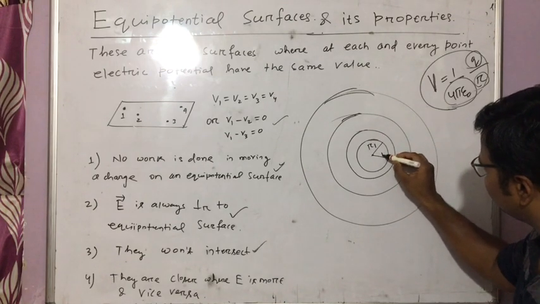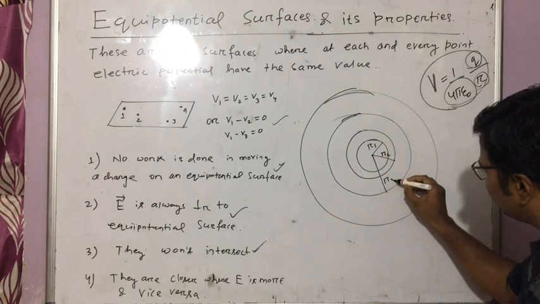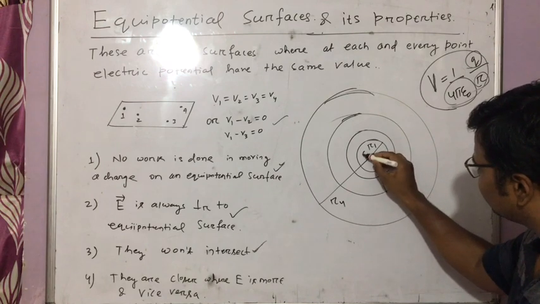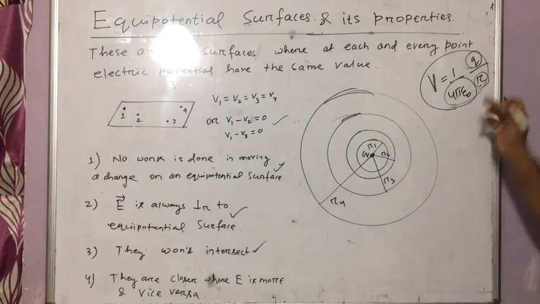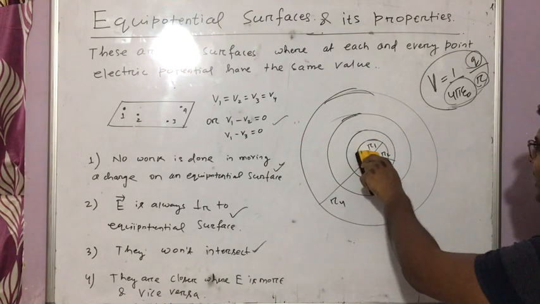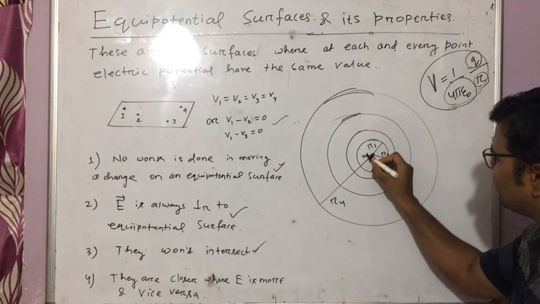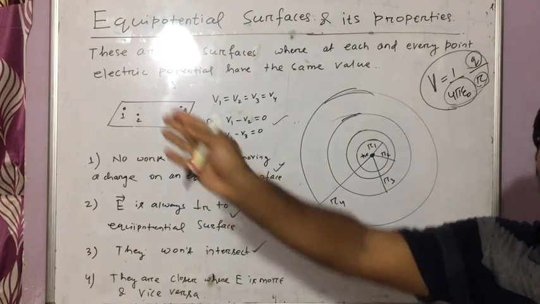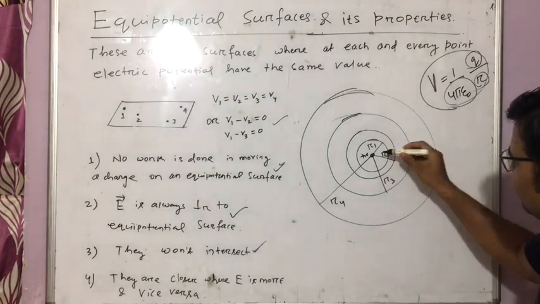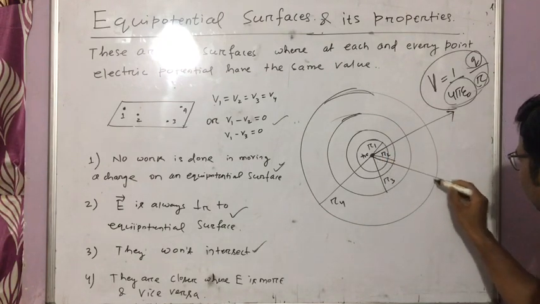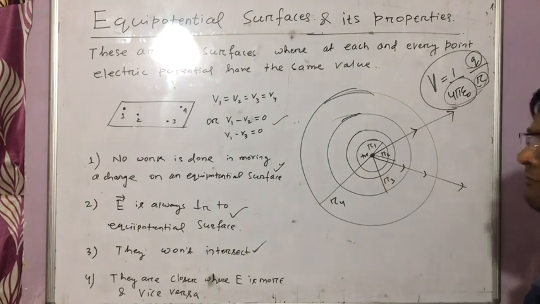For this sphere, the radius is R2, for this sphere it is R3, and the big sphere is R4, and at the center a charge Q is located. The charge may be positive, may be negative. Suppose it is a positive charge. For a positive charge, we know the electric field is directed away from the positive charge. So this is the direction of electric field.